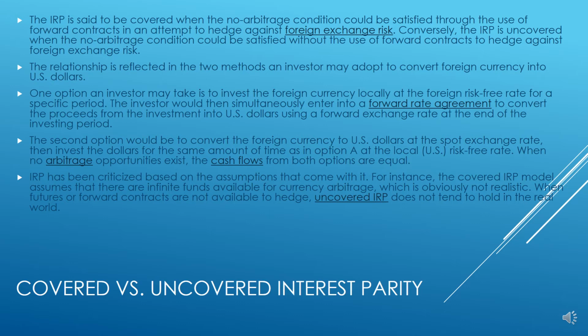If uncovered interest rate parity holds such that an investor is indifferent between dollar versus euro deposits, then any excess return on euro deposits must be offset by some expected loss from depreciation of the euro against the dollar.